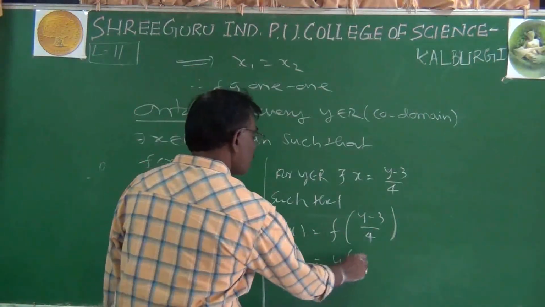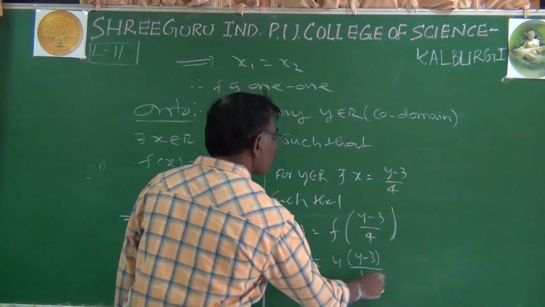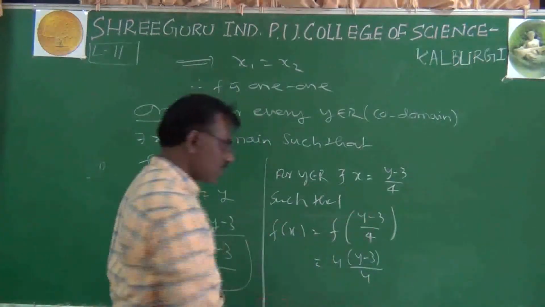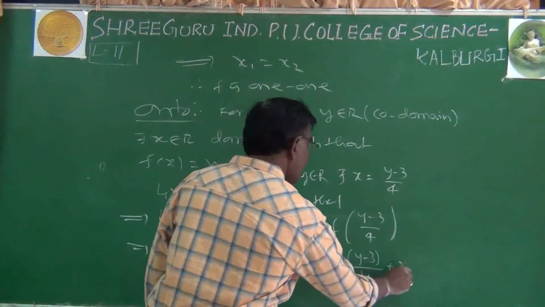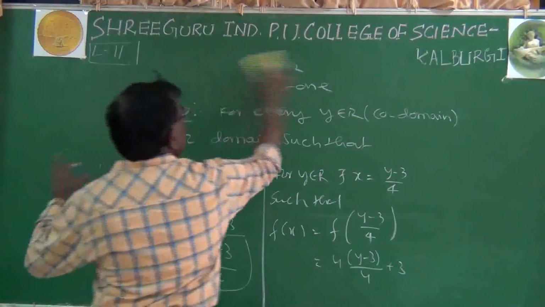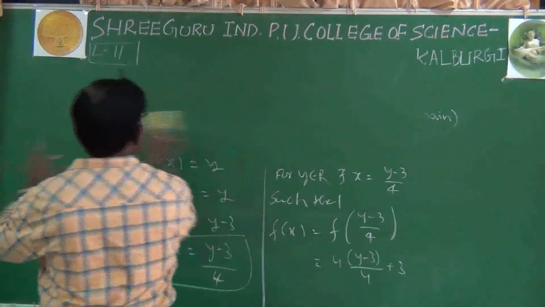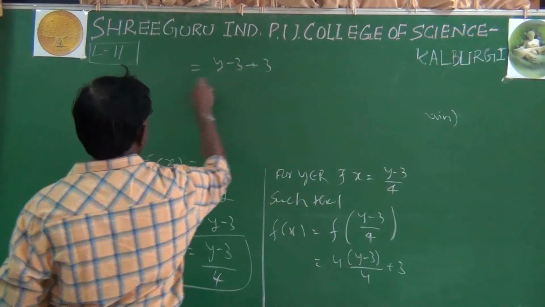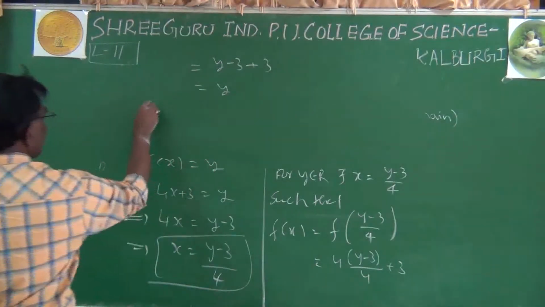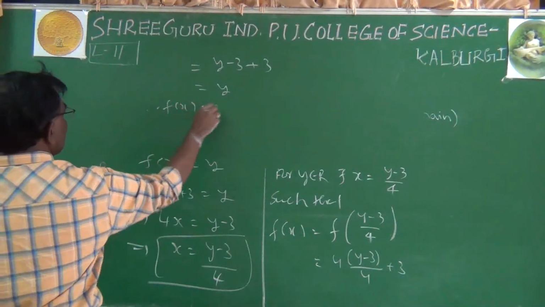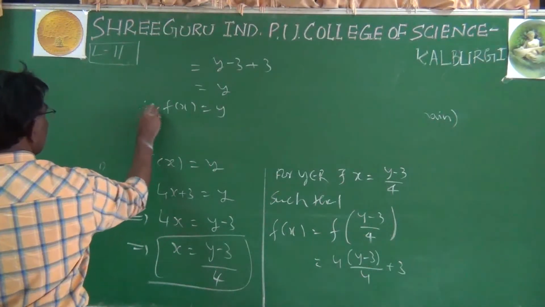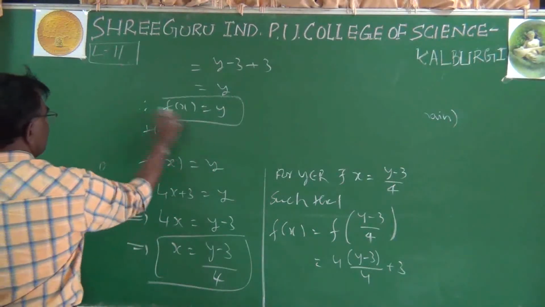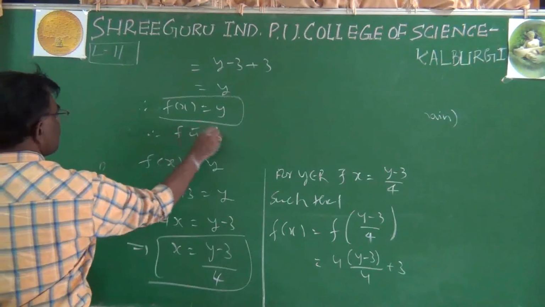We have to prove f of x is y only. What is f of x? 4x plus 3, with x being y minus 3 by 4. The 4 cancels, y minus 3 plus 3 equal to y. So f of x equal to y. Hence, f is onto.